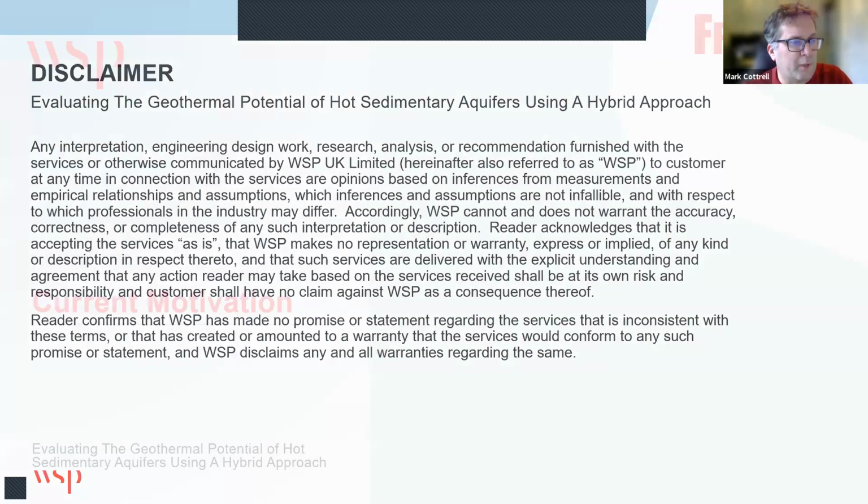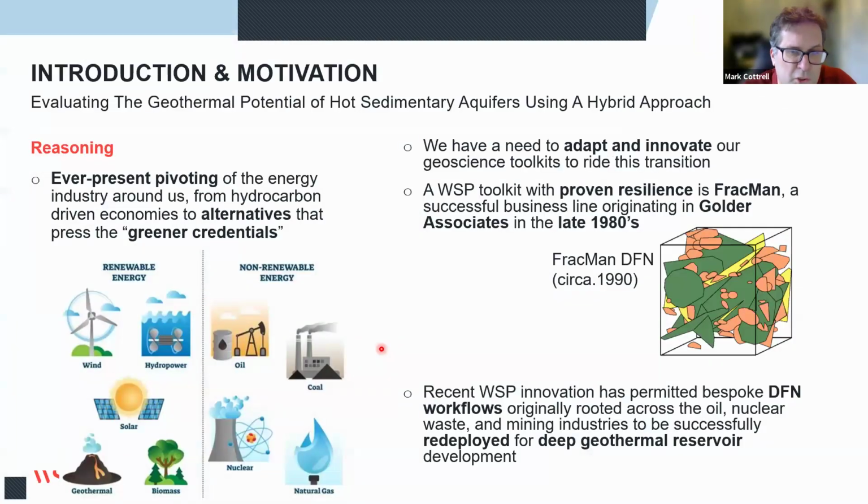Okay, so just a couple of early comments around motivation. As we all know, the sustainability pressures that we face in the world today are really focusing our intent in terms of looking at alternatives to fossil fuels, alternatives that have greener credentials.